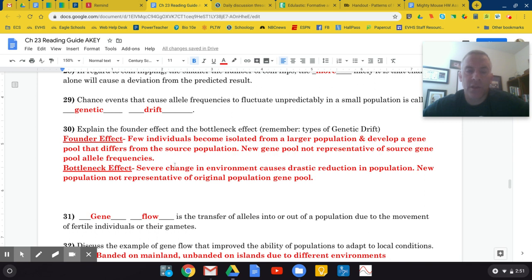Bottleneck effect is similar, but it's the example of a severe change in the environment that causes a drastic reduction in the population. Whatever survives is by chance, not due to selection, not due to some individuals having increased fitness or ability to survive. Some survive by chance and some don't. That's effectively probably going to change the allele frequencies of that population too.